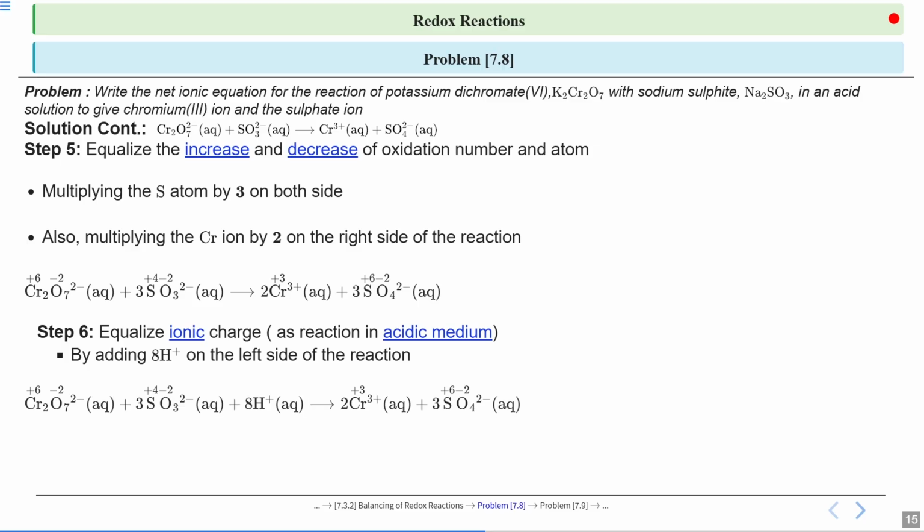We have calculated it by understanding the change in the oxidation number and the ionic charge between the reactant and product. Now our chemical equation turns out to be Cr2O7 2- plus 3SO3 2- plus 8H+ gives 2Cr3+ plus 3SO4 2-, and all these are present in the aqueous state.